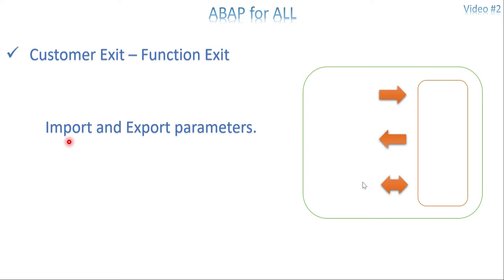I need to validate a plant, and I figured out, okay, this is one exit. I find there is an enhancement, but make sure the enhancement receives the plant value. Then only is that particular function exit apt for your requirement. If not, you have to search again. That's why I'm saying you have 20 enhancements available, and you have to figure out which one suits your requirement.